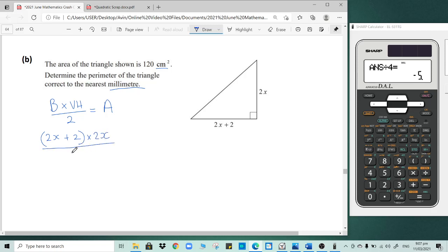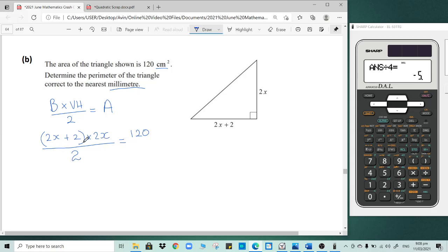Then we divide it by 2. If we do this, we're supposed to get the area, which is 120. Once again, guys, don't forget the brackets. The whole base has to get multiplied by the whole vertical height. So this 2x plus 2, please remember to put it in brackets.